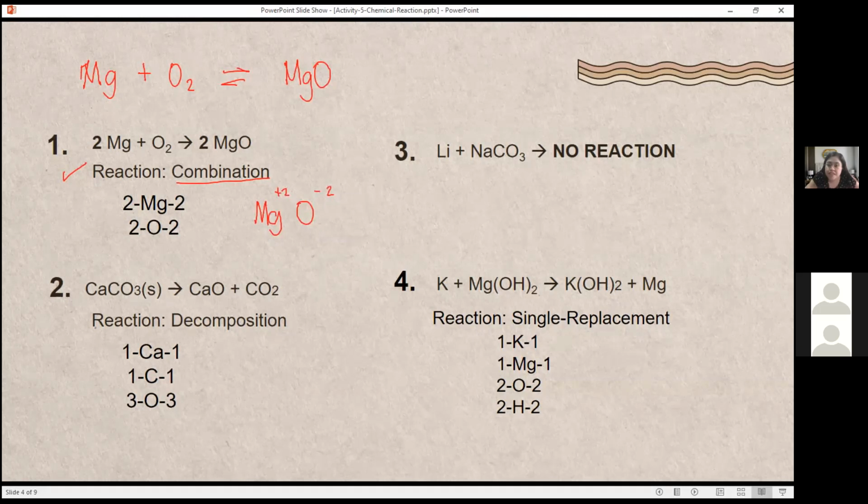Positive 2 plus negative 2 is equal to 0. No need for the crisscross, so do not copy the subscript. This is the chemical formula of magnesium oxide.